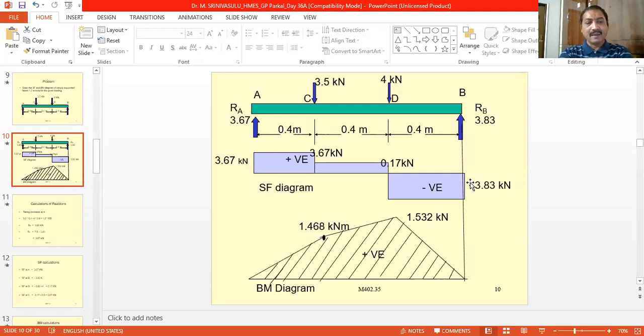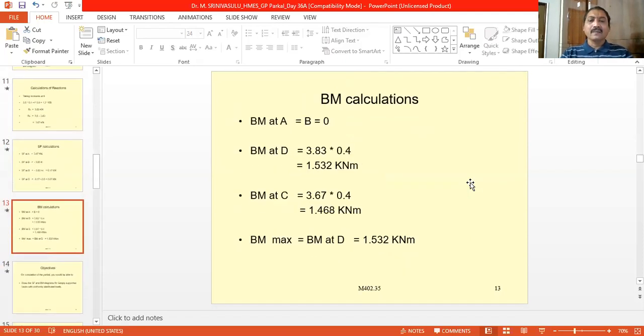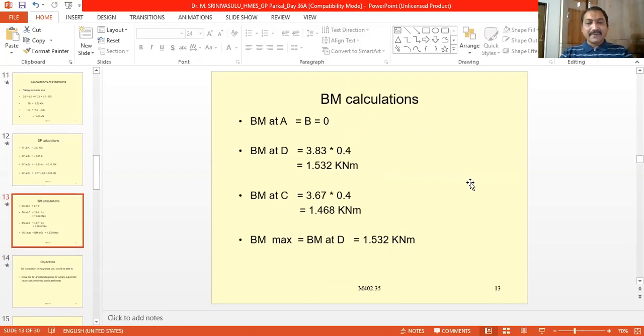Therefore, we can directly write down that the bending moment at A and the bending moment at B are both equal to 0.